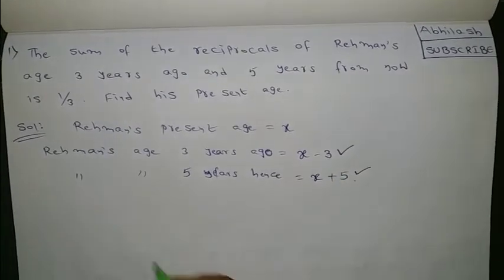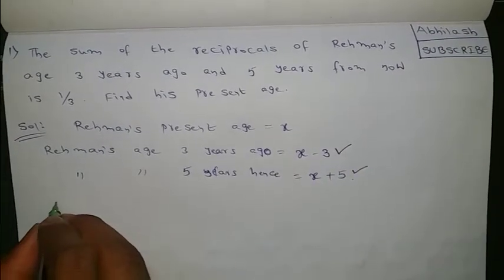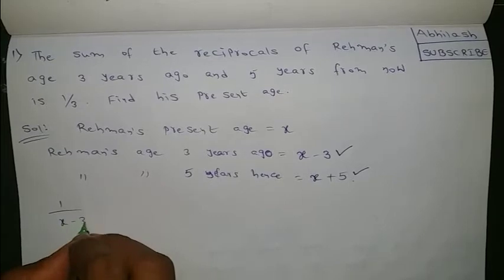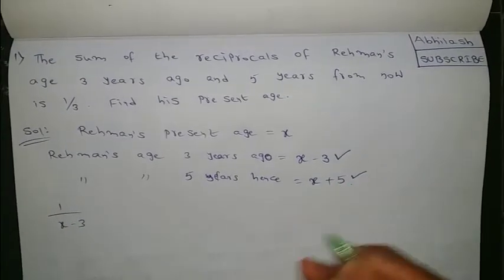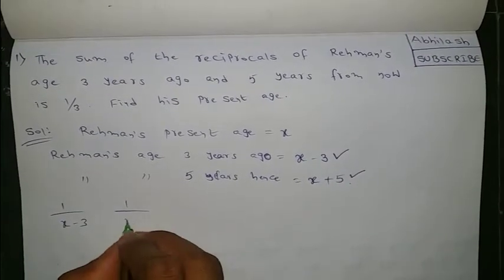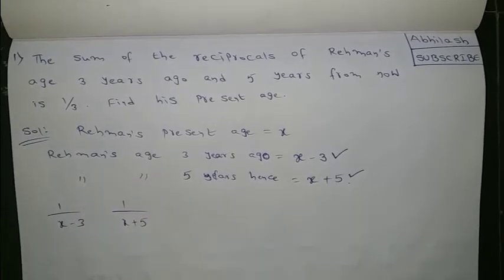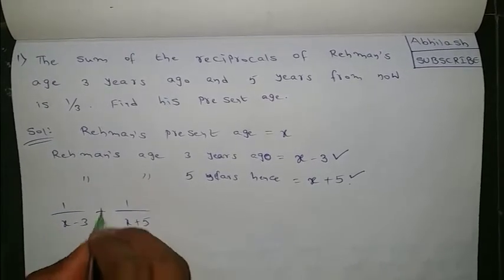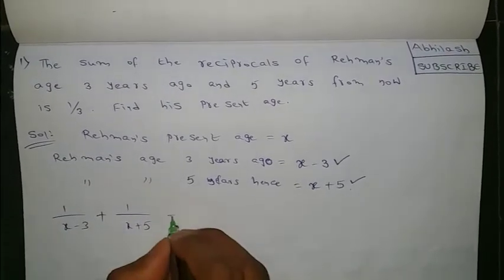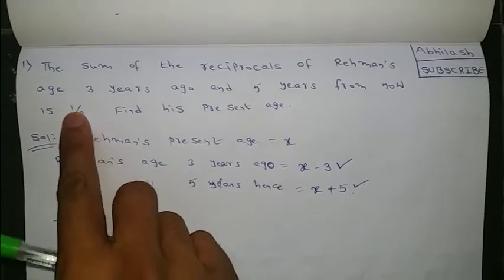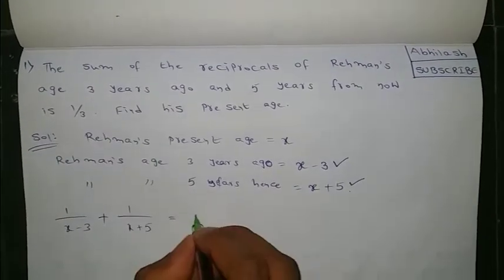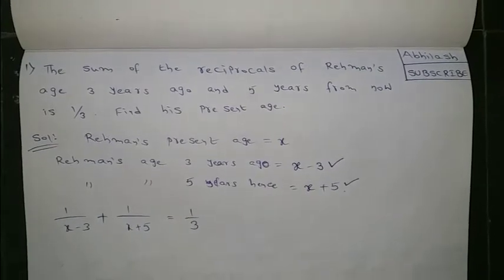The reciprocal of x minus 3 is 1 by x minus 3. The reciprocal of x plus 5 is 1 by x plus 5. The sum of these reciprocals gives us 1 by 3.